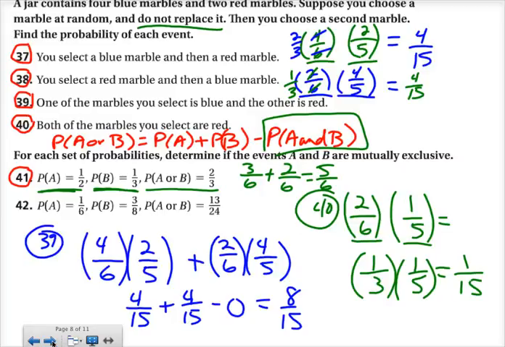So this is a no. They are not mutually exclusive, because we can see that in order to get that 5/6, there would have to be some additional math taking place over there in this position of the probability of A and B. 5/6 minus something would have to give us the 2/3, and in fact, we can even tell them what that something is. It would need to be a 1/6. So the probability of A and B would be 1/6, which of course means they are not mutually exclusive.